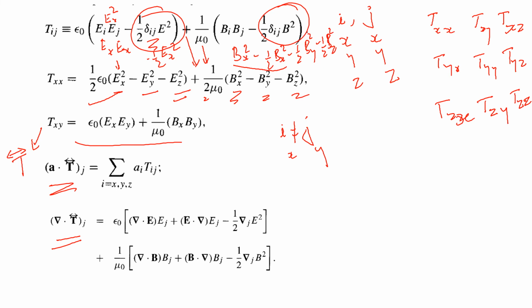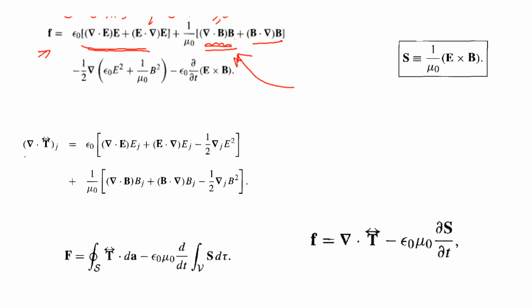Ej minus half del Ej square. Then there is the magnetic field term, plus del dot B Bj plus B dot del Bj minus half del j B square.